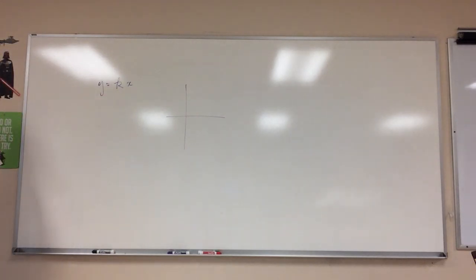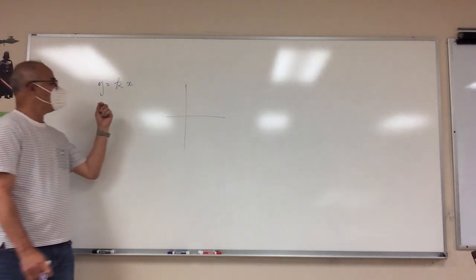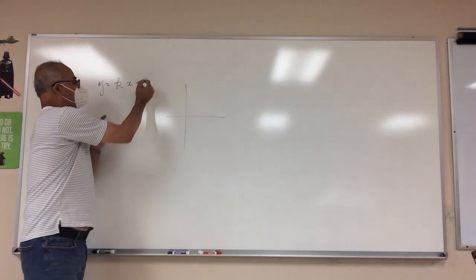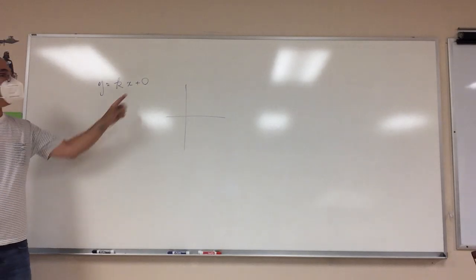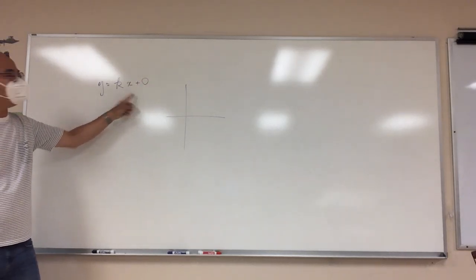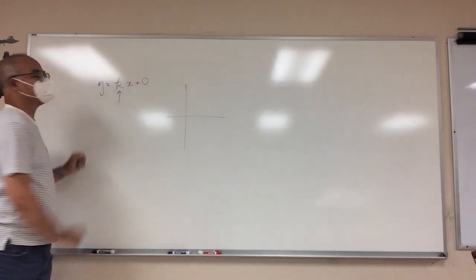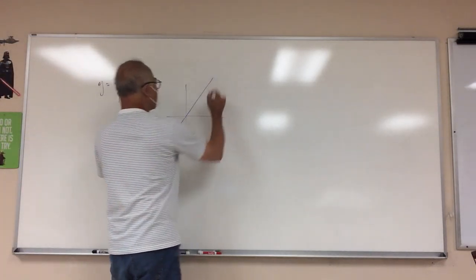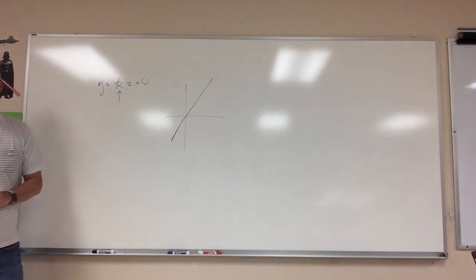A line with a y-intercept of 0. There is no intercept here, right? And this actually is the slope. So it's going to be a line that goes through the origin. This is what a direct variation looks like.